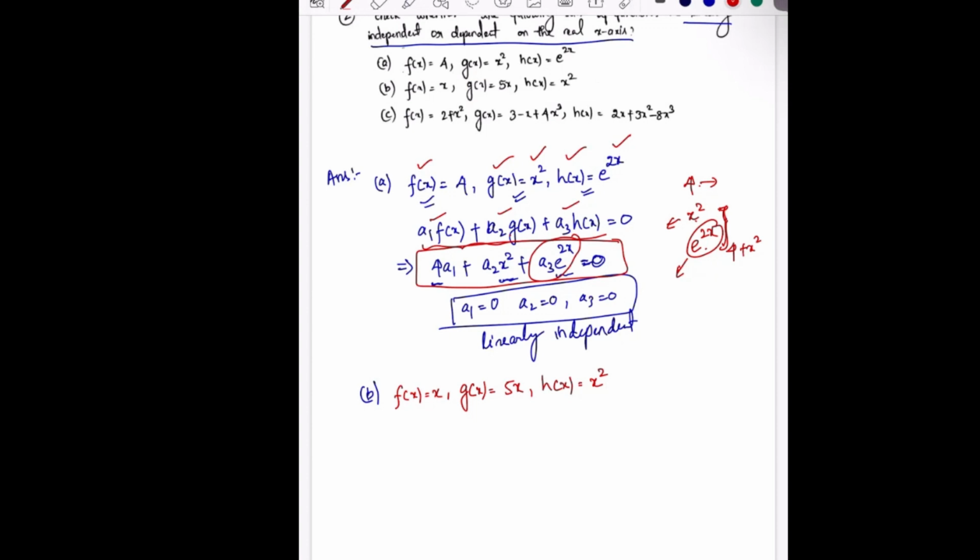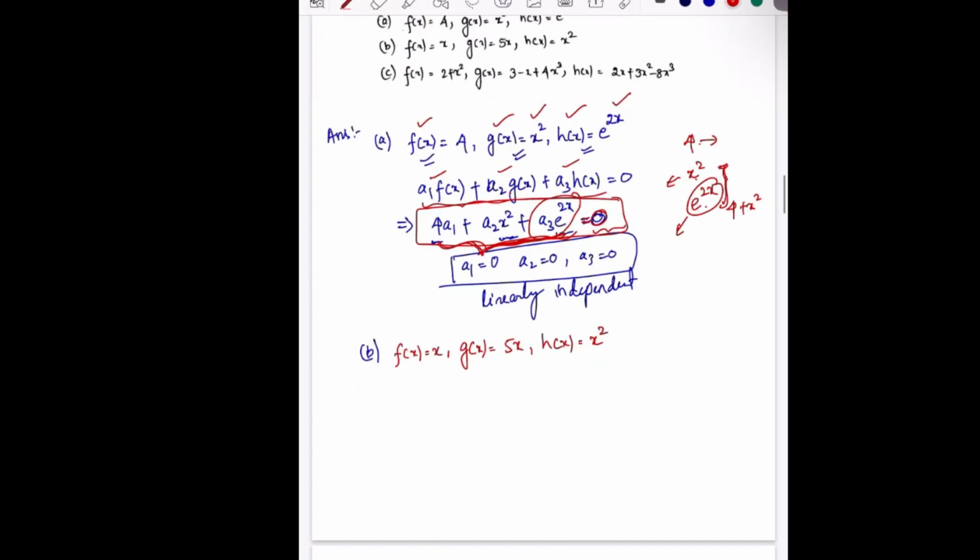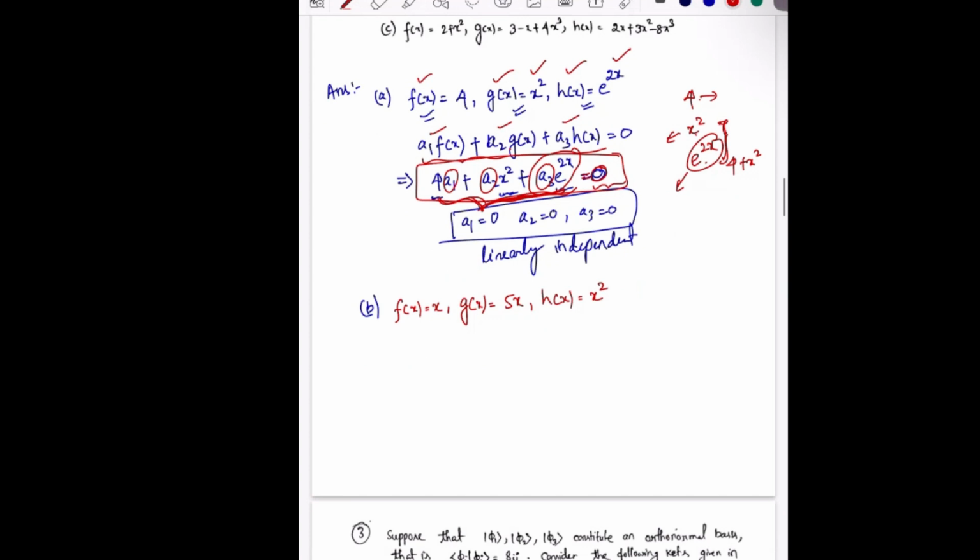Now you can see the right-hand side is 0, but the left-hand side has some non-zero value like 4a1 + a2 x². This left-hand side is non-zero, but the right-hand side is 0. So this will be 0 only when the constants vanish, like the constant is itself 0. That is why, for these functions, the only possibility is a1 is 0, a2 is 0, and a3 is 0. So that means these functions are linearly independent.